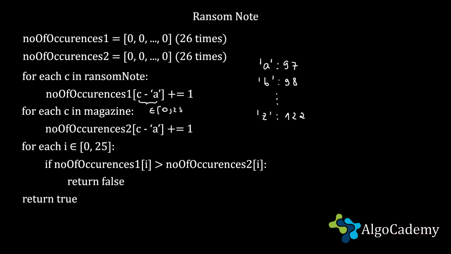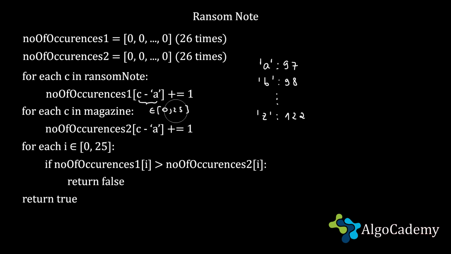So what's going to happen is that if the letter was A, this subtraction will give us 0. If the letter was B, this subtraction will give us 1. If it was C, it will give us 2, and so on and so forth. If it was Z, it will give us 25, which is perfect. This subtraction returns us the index of that letter in the alphabet when the alphabet is, of course, 0 indexed. This is exactly what we need here.